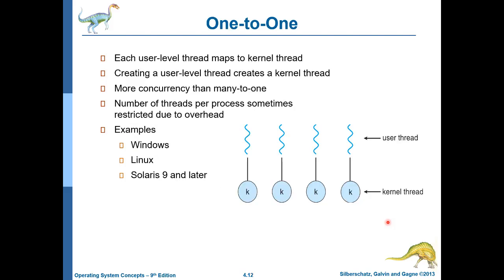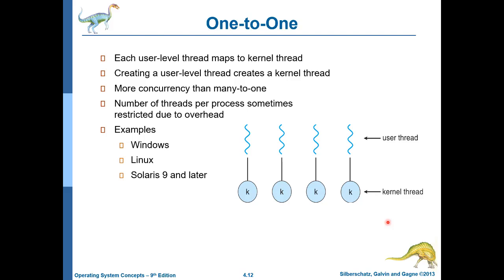The other type of threading approach is one-to-one, which means that for each user thread, you have one kernel thread. So if there are many user threads in the application, there will be many kernel threads for the application.